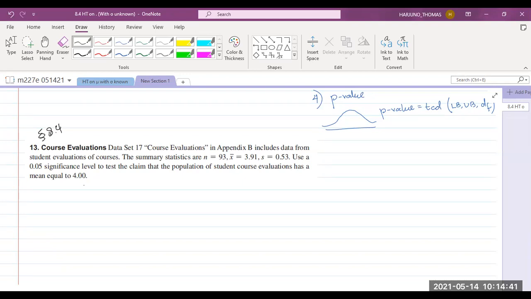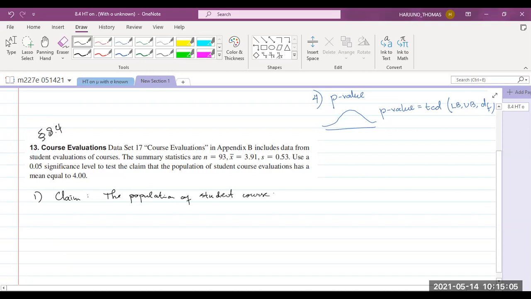Use significance level 5% to test the claim that the population of student course evaluations has a mean equal to 4.00.